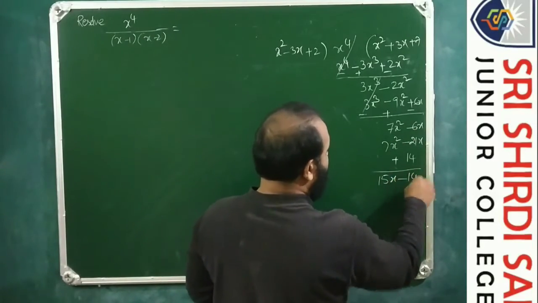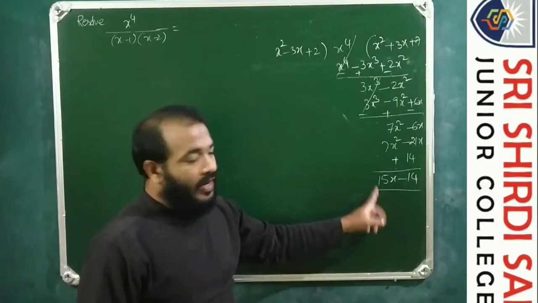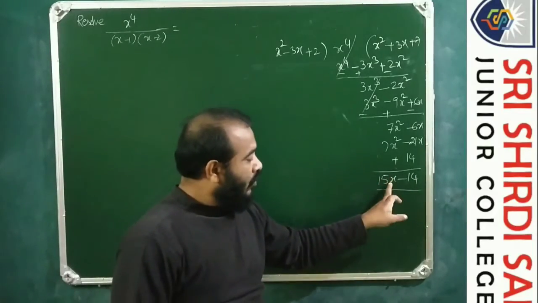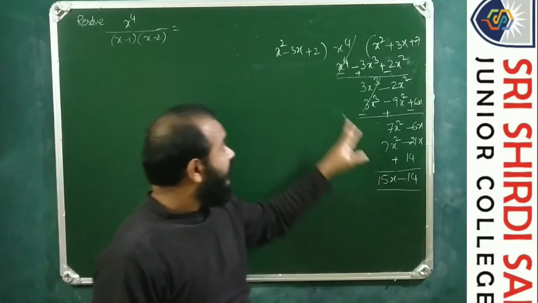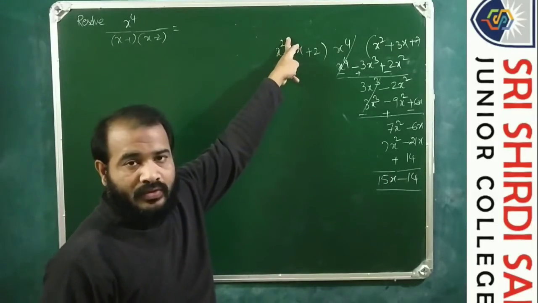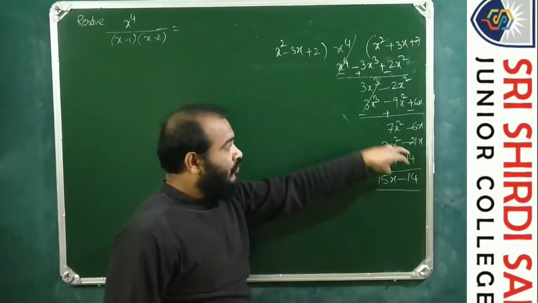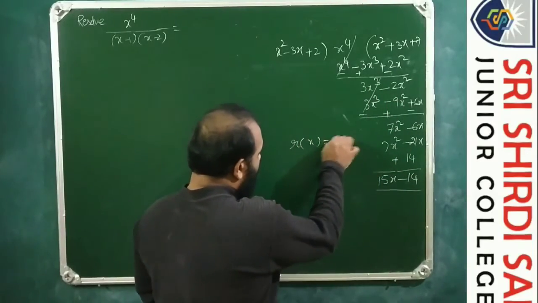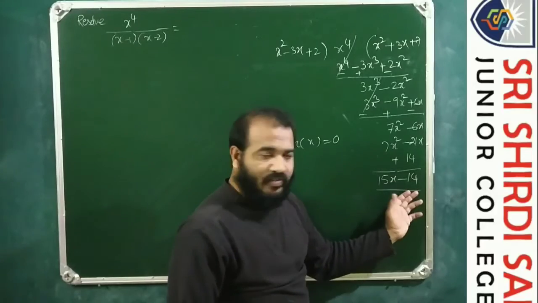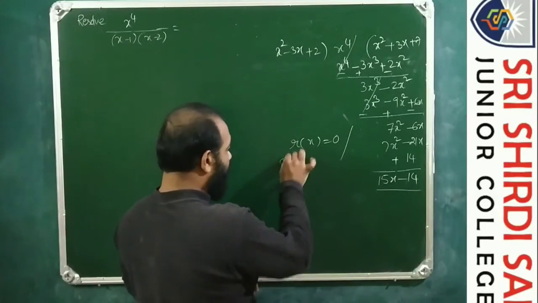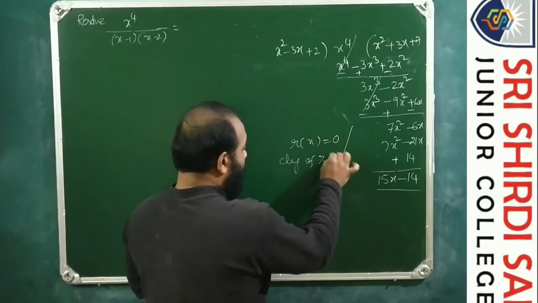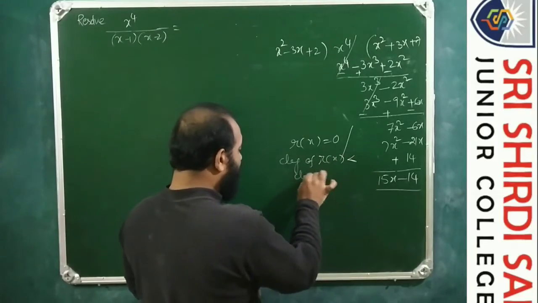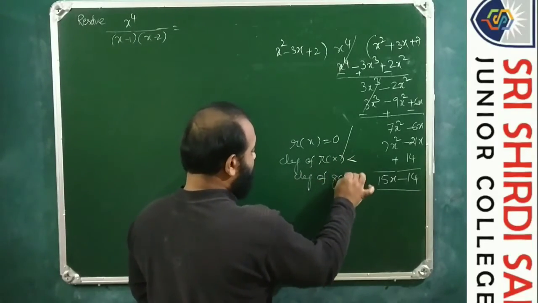This is 14. This is the remainder. And you check now. The degree of remainder is 1 while the degree of divisor is 2. So this process will end when the remainder will be 0 or degree of r of x is less than degree of g of x.